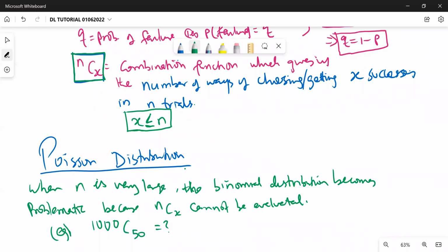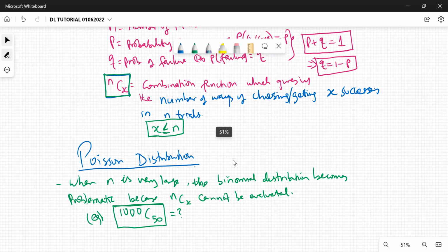So if you are working with a binomial distribution where the number of trials is 1,000, then it's not possible for you to evaluate this part, meaning that you can't compute that probability. So the Poisson distribution can be used in such scenarios, where n is very large, and also where p is very small, or when the probability of success is very small.